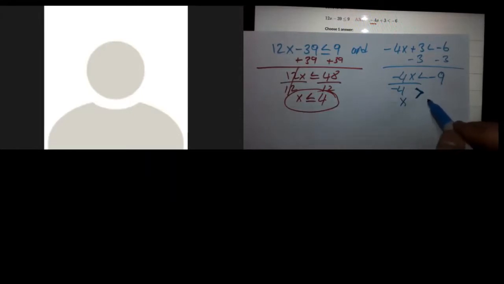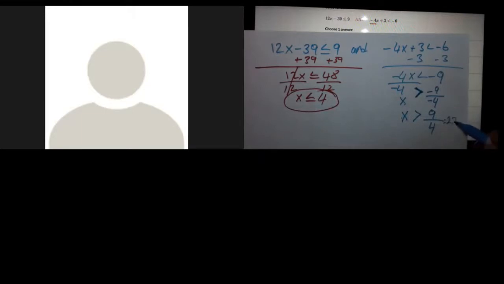X is greater than negative 9 divided by negative 4, so x is greater than positive 9 over 4. At this point, I really cannot tell, especially now that I have an improper fraction. So just take your calculator and divide. 9 divided by 4 will give you 2.25.